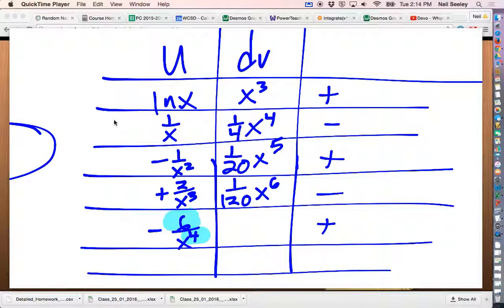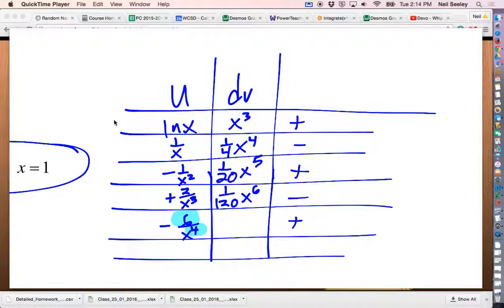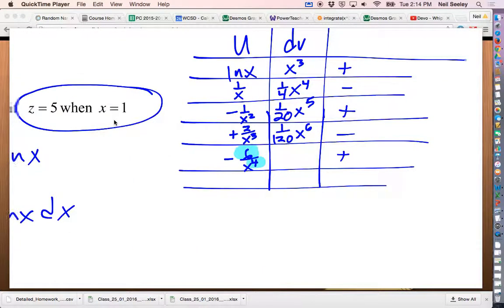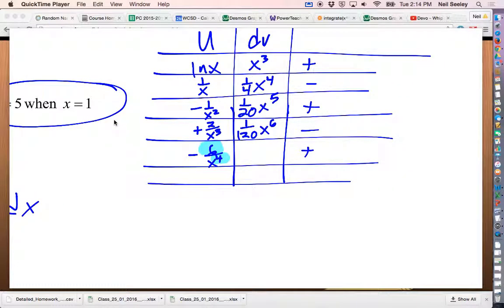So, here's what you can do. You can just write out a big long one, and just keep going. I'm off to the side here. Imagine I'm going to just write for a little while and just show you this is a possibility. I could just do each diagonal, so 1/4 ln x times x to the fourth, so it could be this. Put on the minus sign, and then you do the next diagonal.